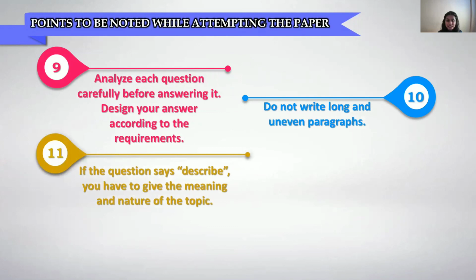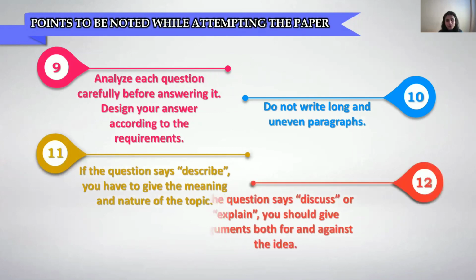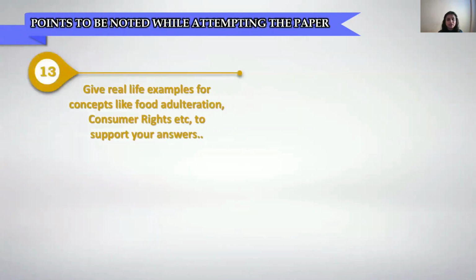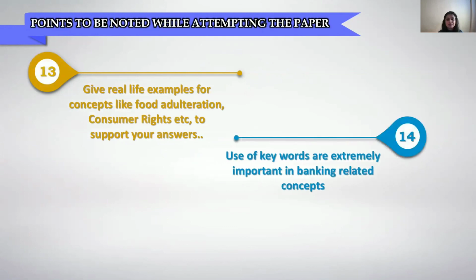If the question says describe, you're expected to write the meaning and the nature of the topic. If the question says discuss or explain, you should give arguments for and against the concept. Give real-life examples for concepts like food adulteration, consumer rights, e-marketing, e-tailing, etc., to support your answers.